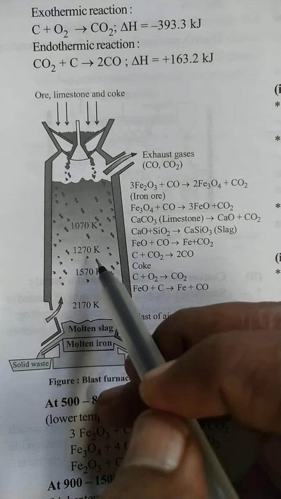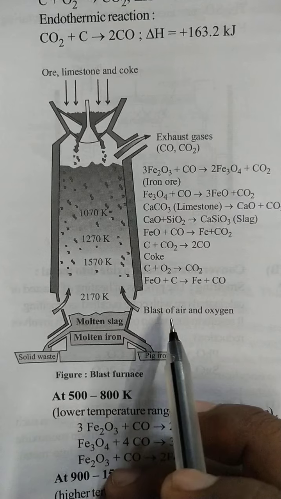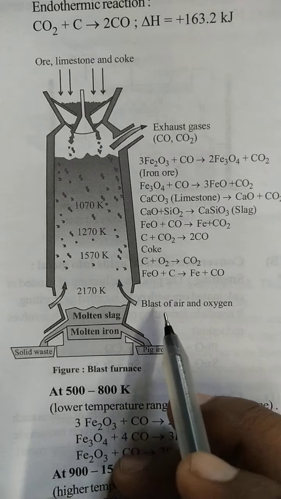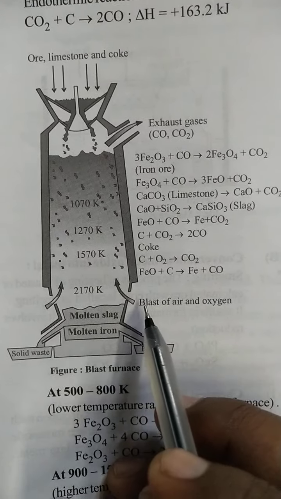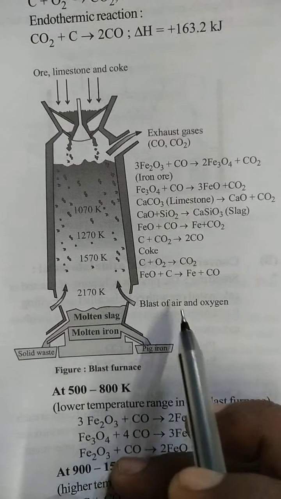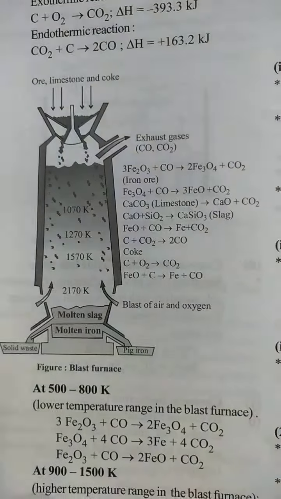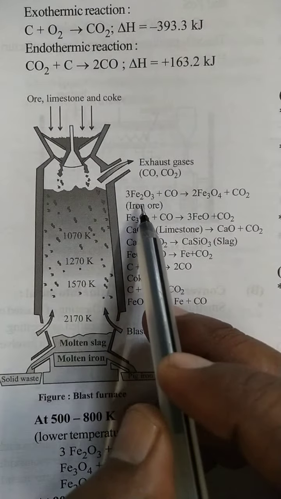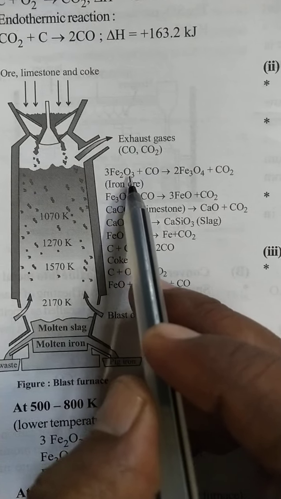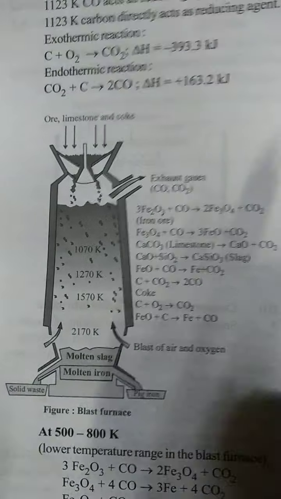After entering the mixture inside, a blast of air and oxygen goes through this pipe. Hot air is going inside the blast furnace, from this side and this side. Now see here, first of all what happened, Fe2O3. The mixture is already there. What is the mixture?